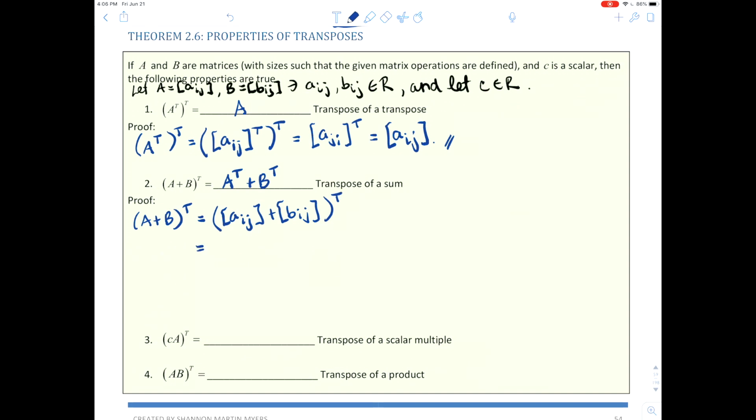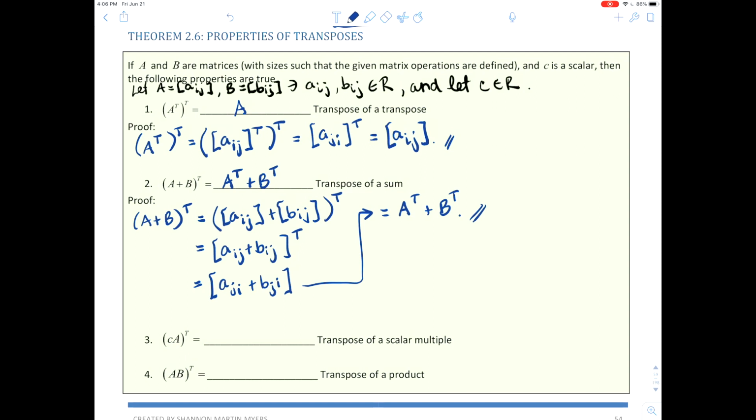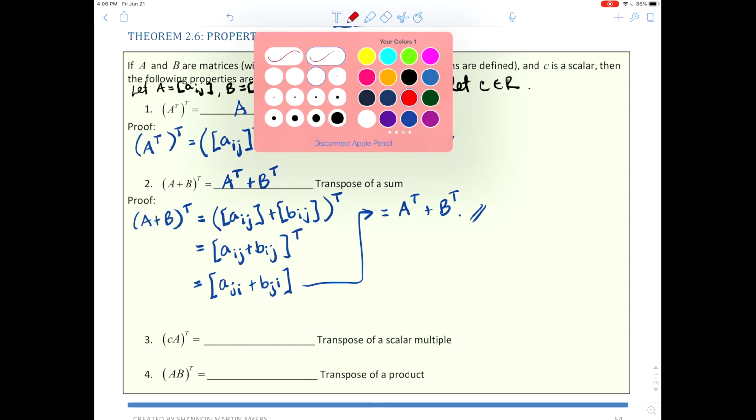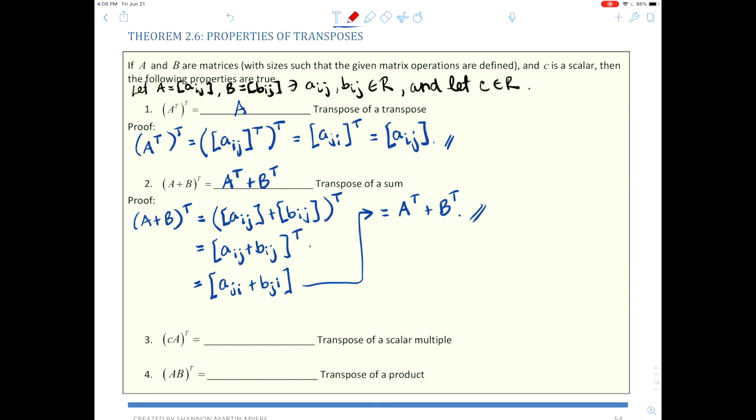So that would end up being Aij plus Bij in one happy matrix transposed, which would be Aji plus Bji, applying the transpose. Cool so far? Which in turn is A transpose plus B transpose. That's what we wanted to show. And this step here was just by definition of matrix addition.